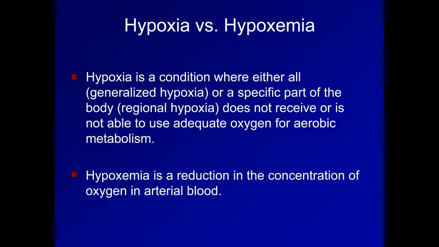Hypoxemia, on the other hand, is a reduction in the concentration of oxygen in arterial blood. Another way to look at it is that hypoxia is more of a general pathophysiologic state that is, to some extent, subjective at the bedside, while hypoxemia is defined by an objective and easily identifiable abnormal parameter of gas exchange and transport.